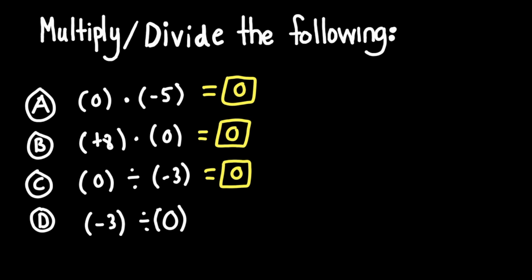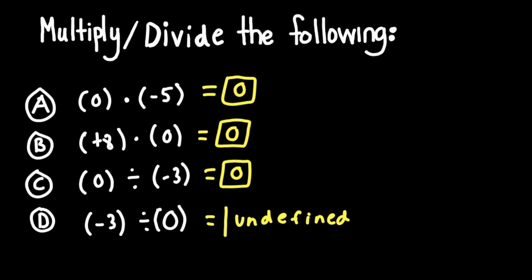Whenever you have a number divided by 0, the result is always going to be undefined, meaning you can't divide by 0. Any positive or negative number divided by 0 will be undefined, and 0 divided by 0 is also undefined.